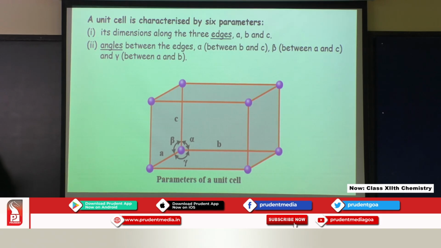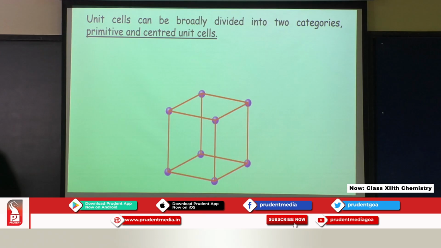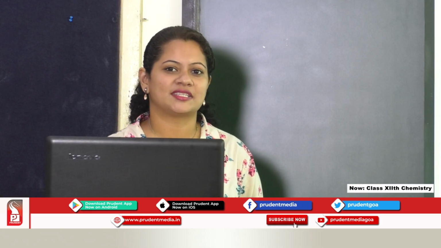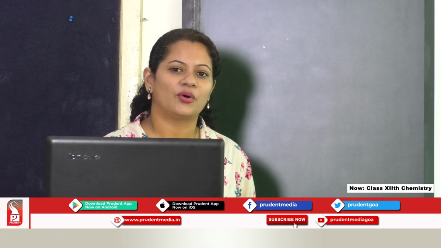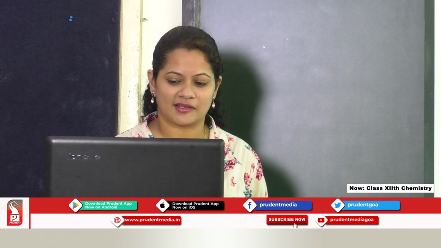Unit cells can be broadly divided into 2 categories, that is primitive or simple unit cell and centered unit cells. If you look at this figure, you will see that there is a unit cell with 8 atoms at its corners. This type of a cell is called a simple or a primitive unit cell.